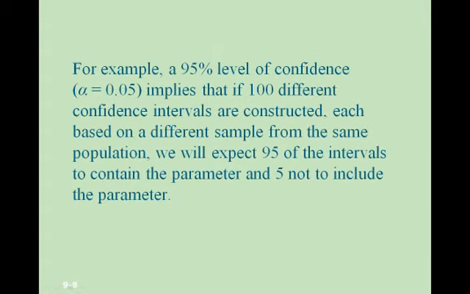For example, a 95% level of confidence, or alpha equal to 0.05, implies that if 100 different confidence intervals are constructed, each based on a different sample from the same population, we will expect 95 of the intervals to contain the parameter and 5 not to include the parameter.